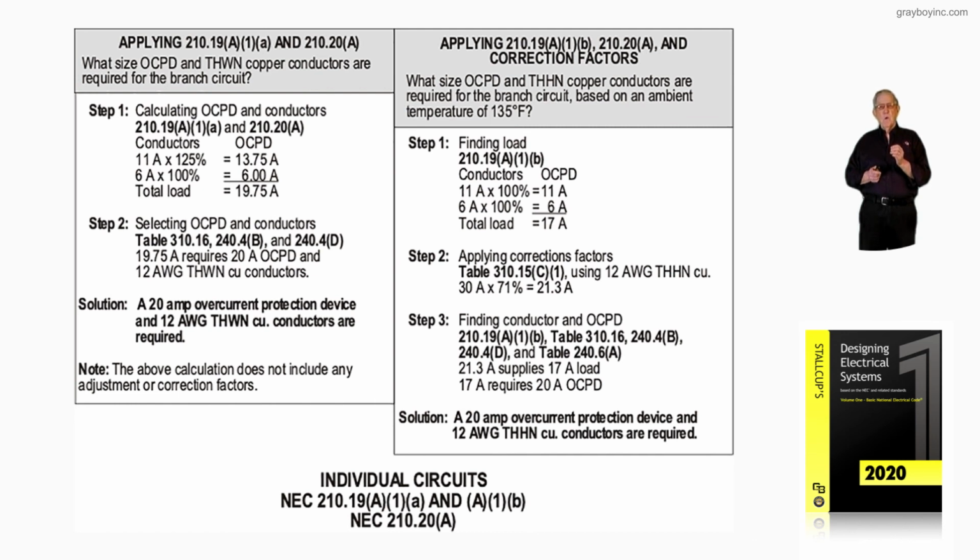Will the 21.3 supply the 17 amps? Yes. Will the 21.3 amps be permissible to be connected to a 20 amp overcurrent device for 240.4(D), as in dog? And the answer is yes. So the answer in the solution is a 20 amp overcurrent device ahead of number 12 wire supplying that branch circuit. And that's what figure 8-18B is illustrating for the user of the NEC.